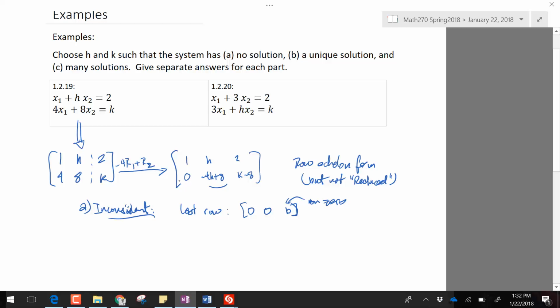The first element is already 0, so we just want -4h plus 8 to be equal to 0. And at the same time, we want k minus 8 to be not equal to 0. Right? So that happens when h is equal to 2 and k is not equal to 8. So the combination when h is equal to 2 and k is not equal to 8 means that we have an inconsistent solution.